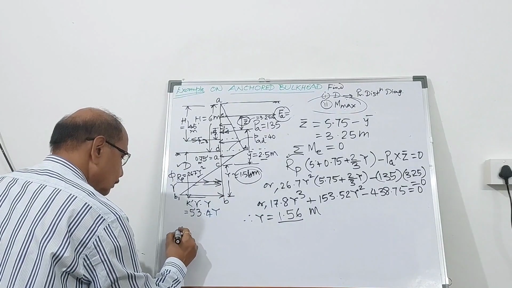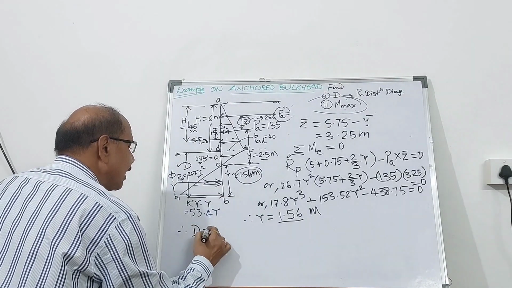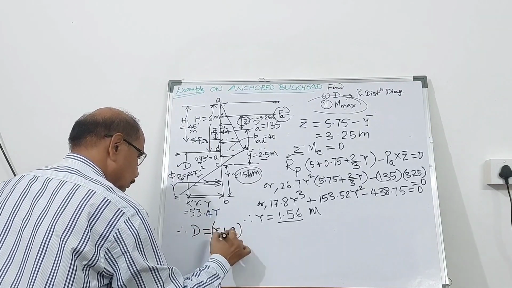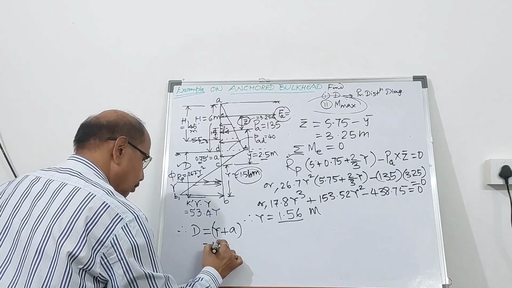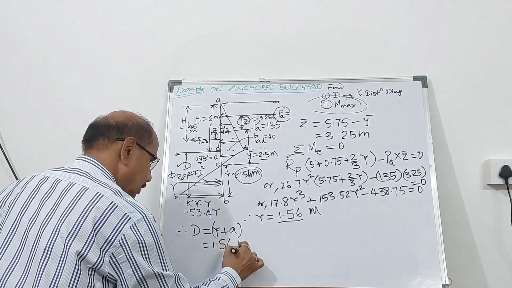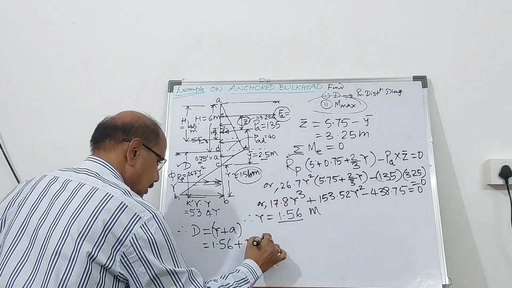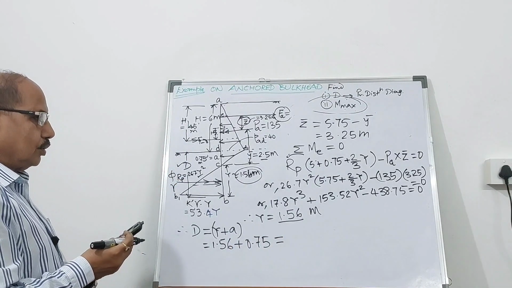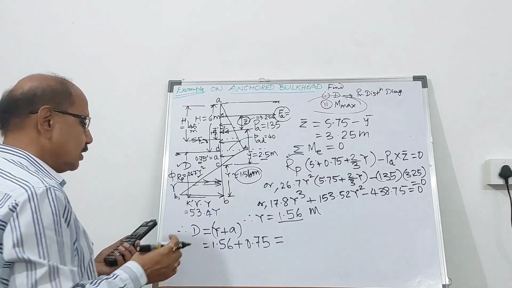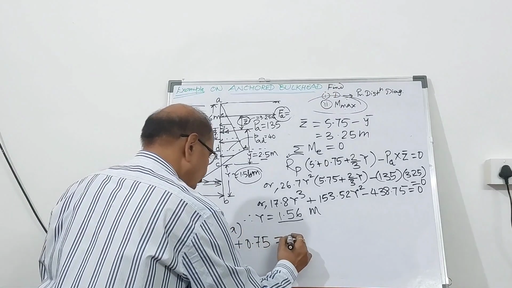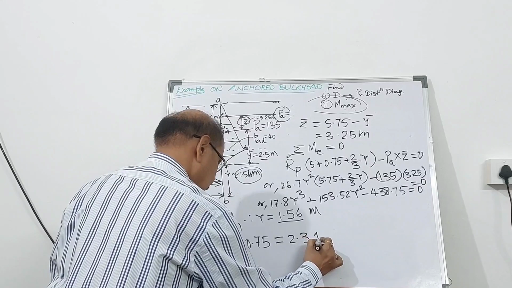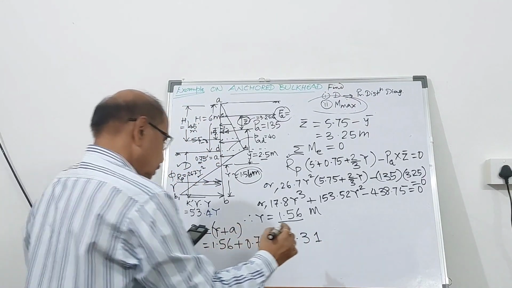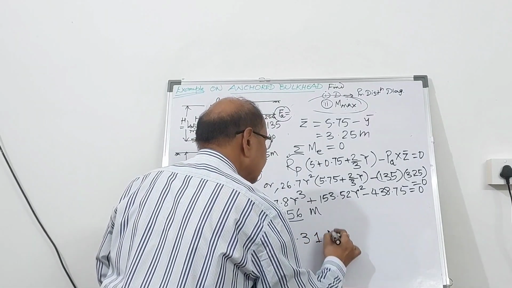Therefore, the depth of embedment will be y plus a. So this will be 1.56 meter plus 0.75 meter. So this you can calculate. This will give you 2.31 meter.